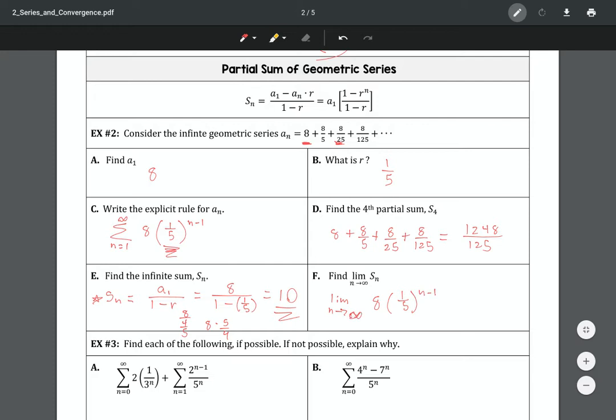Basically, if you make n infinitely large, you're going to have 1/5 to the infinite power. That's going to make the number so small that it approaches 0, which will make the whole limit 0.